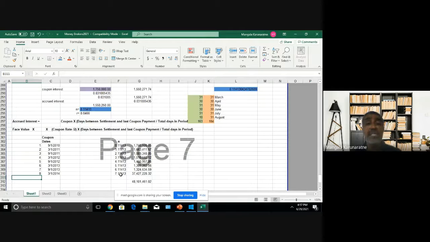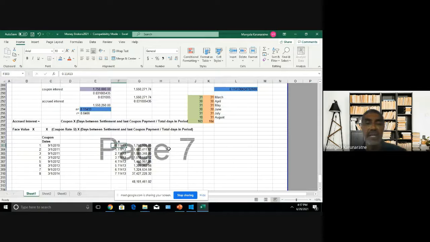So the 8th one is coming 7 full periods plus 0.11413 period, right? The 7th one is coming 6 full periods plus 0.11413. The sixth one is the same, 5 plus this. So they are coming as full periods plus this fraction.